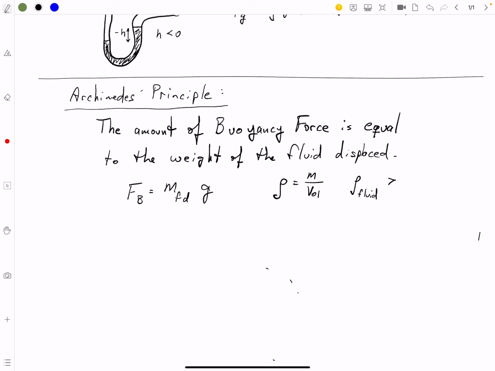Now, if the density of the fluid is greater than the density of the object, then it floats. And that makes sense, right? And if the density of the fluid is less than the density of the object, then the object sinks.